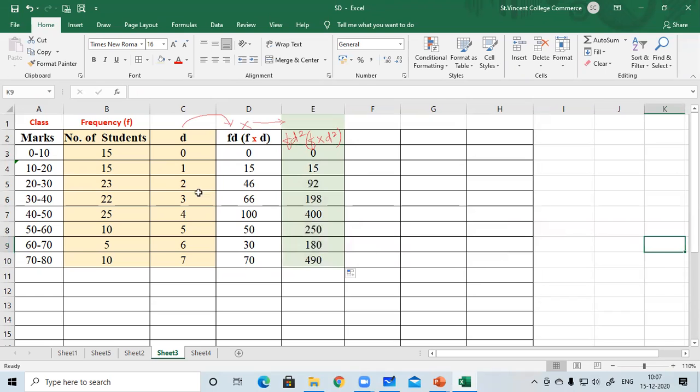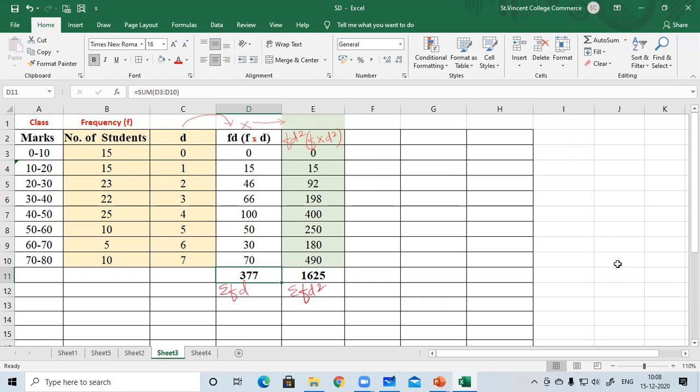So 2 into 46, 92, 3 into 66, 198, 4 into 100, 400, 5 into 50, 6 into 30, and 7 into 70. Yes, sir. I need the total of two columns. The total of the FD column will give you sigma FD, whereas the total of the FD square column will give you sigma FD square.